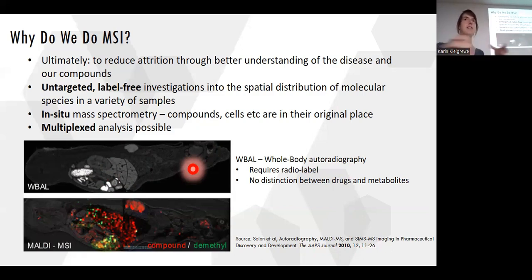As long as that label is in there, everything will look the same. And once the label is gone, you don't see it anymore. So there's a big question mark about what you're actually looking at here. And with mass spec, they've got two different masses, so we can distinguish them. So you can now actually see that this distribution, which we see up here, is made up of two different compounds, the parent compound as well as a dimethyl metabolite.